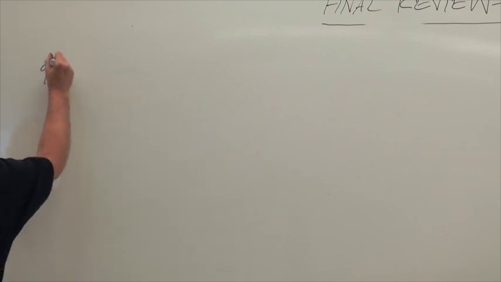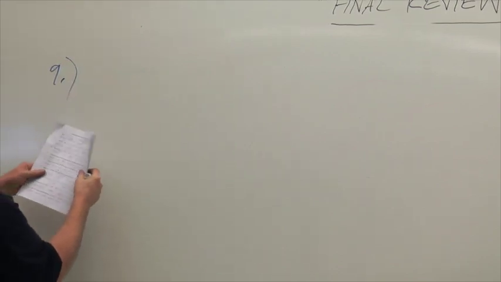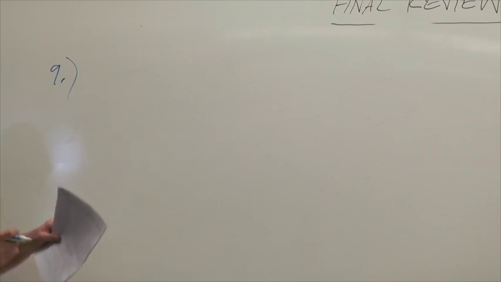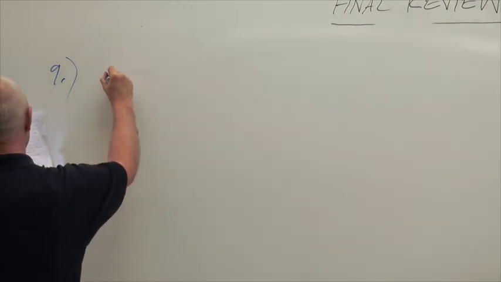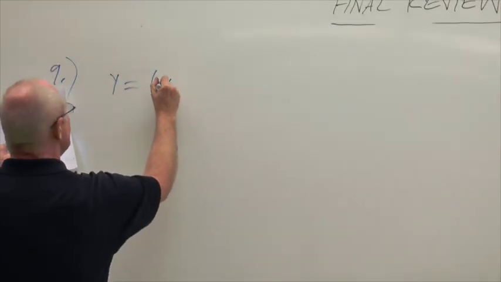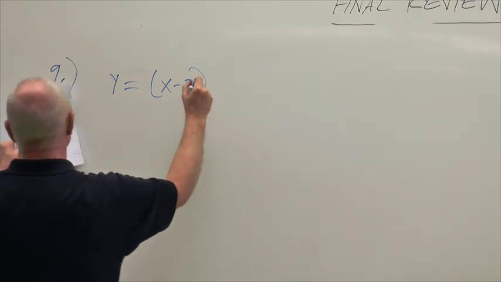Okay. Number 9. Number 9 says determine the vertex of the quadratic function. And they really did a nice favor for us here, guys. They wrote the quadratic in a certain form here. What form is this?